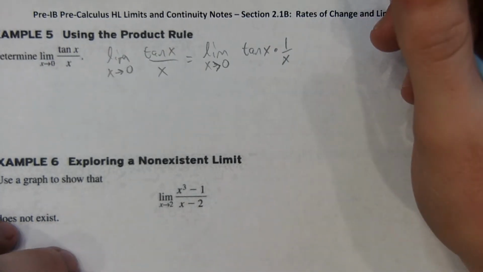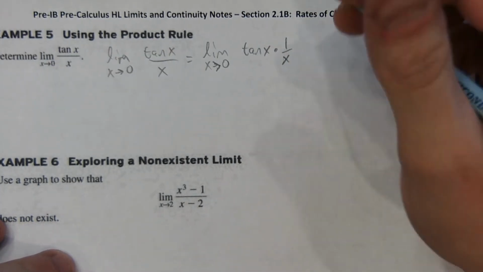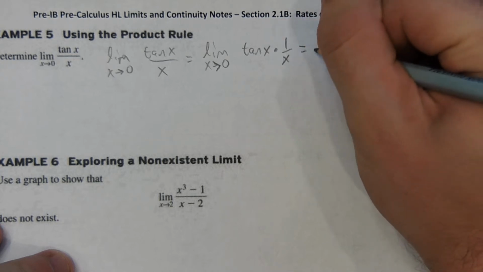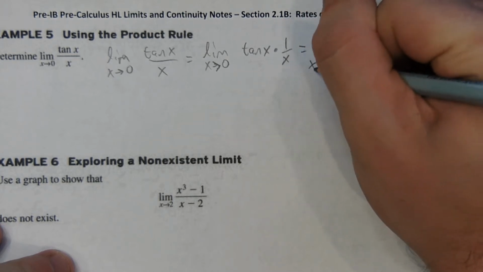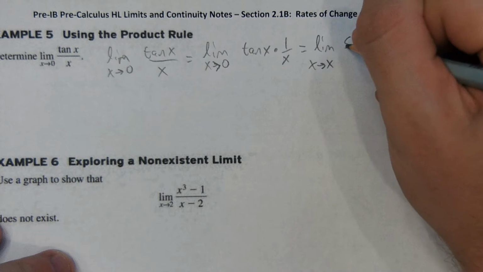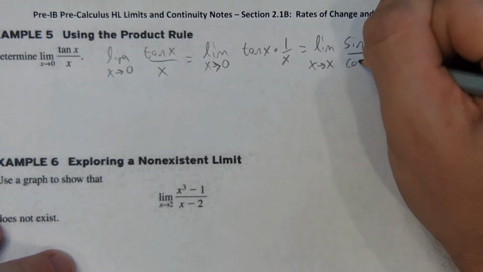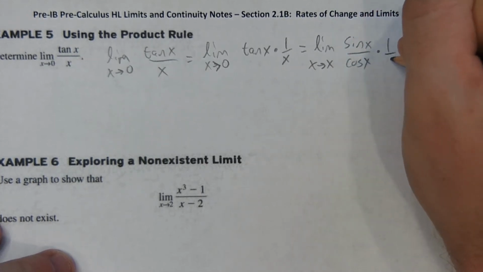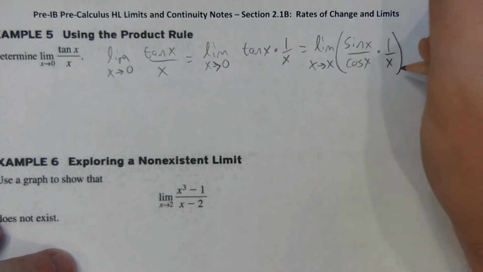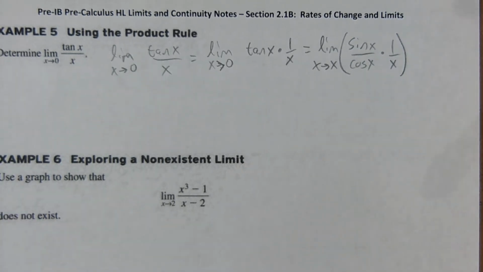Why don't we not say tangent x? Why don't we say sine x over cosine x? There. Now, the way it sits, I still have some discontinuities, because I can't plug in 0 right here.